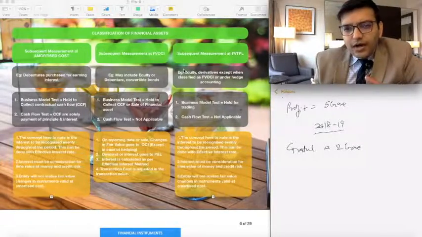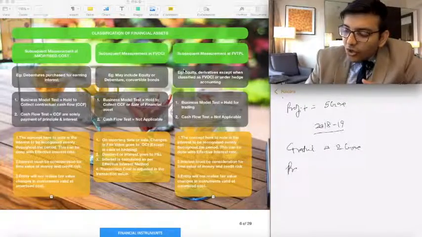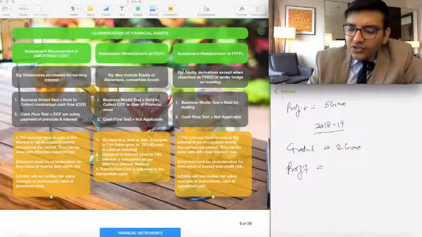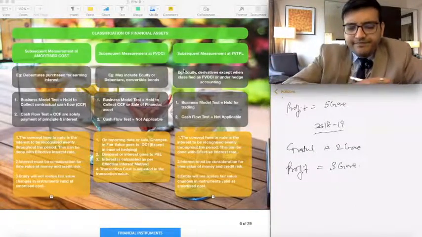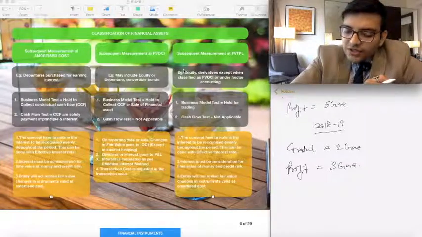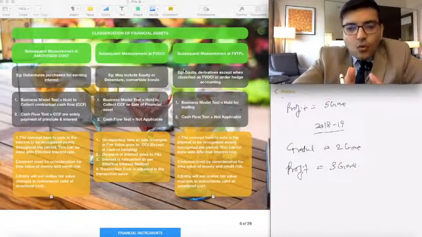Now what is the reason why it is double? Nobody knows, we don't know. And the profit dropped in 18-19. Assuming it was 5 crore, now it dropped to, let's say, 3 crore. So it has a huge impact. Because there was only an actuarial calculation involved, there was no actual loss.